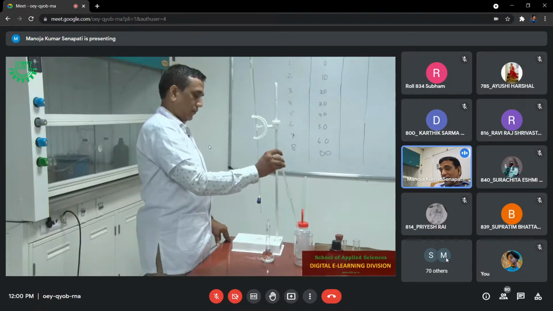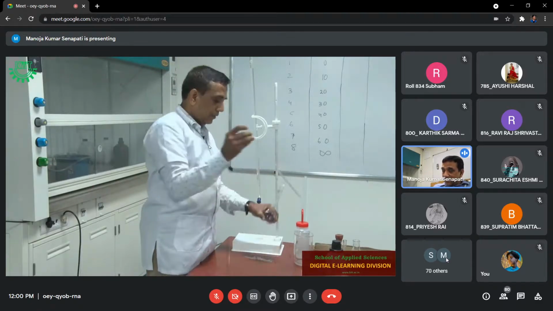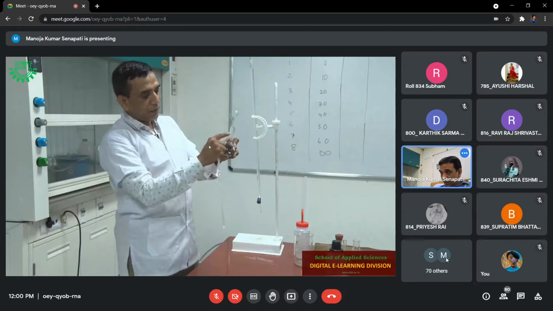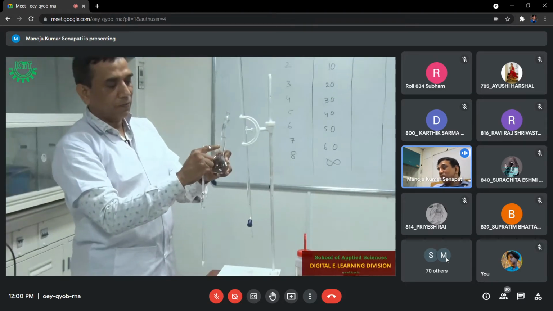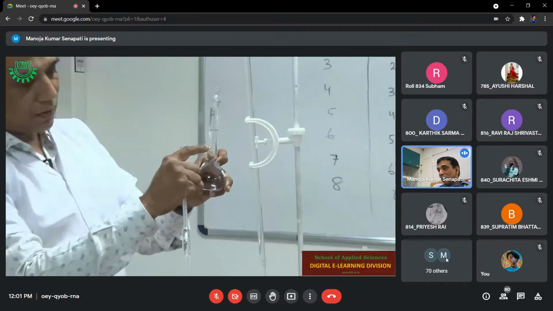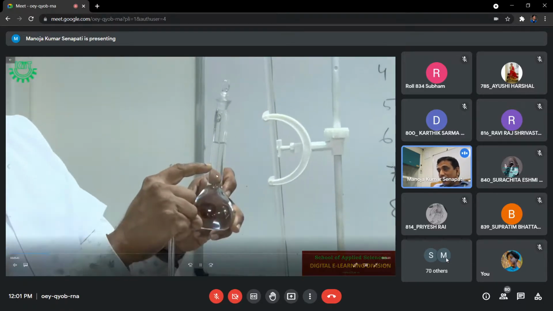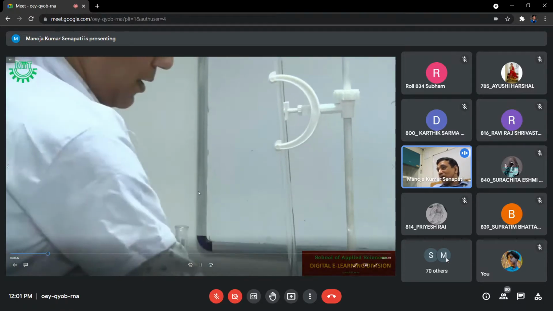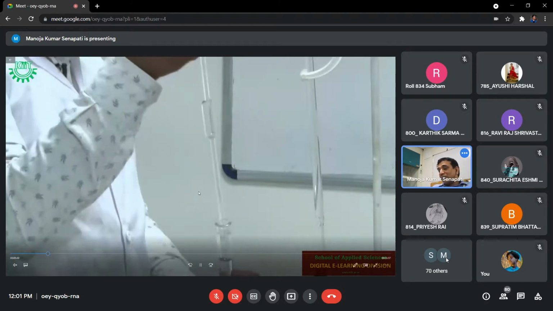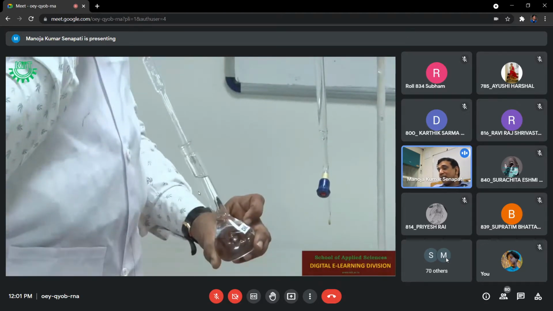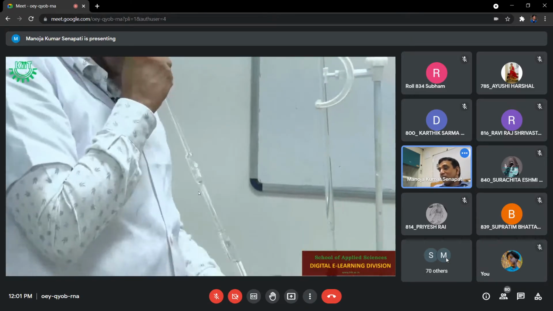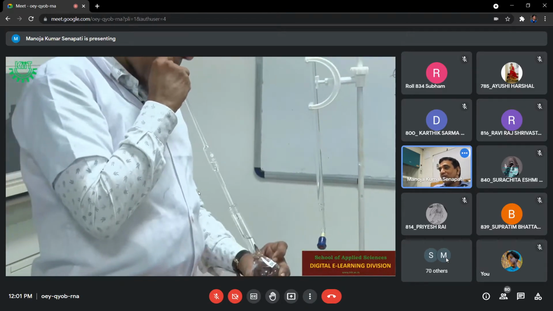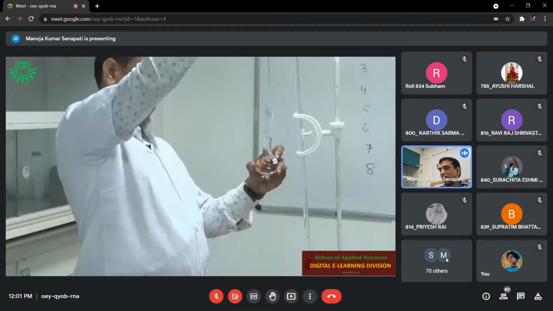After rinsing, if still excess HCl is there in the measuring flask, with the help of the pipette, you take out the excess HCl and throw it out. You throw out the excess HCl, make the volume adjusted up to the mark, so that the measuring flask will contain exactly 100 ml of dilute HCl. So you see, I am taking out the excess HCl and throwing it out.